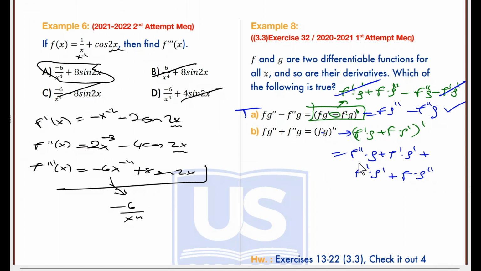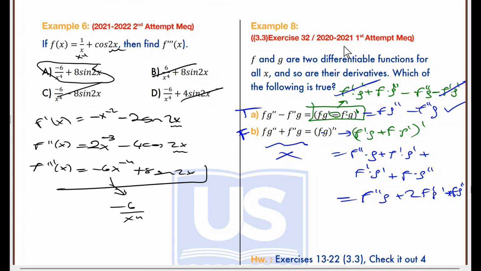Now in simplification, f double prime g, f prime g prime, f prime g prime, there are two f prime g primes. So it's going to be f double prime g plus 2f prime g prime plus f g double prime, which is not the same as the left side. So that's false. A is true, B is false.